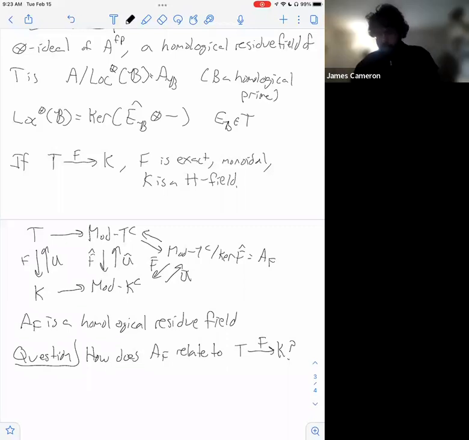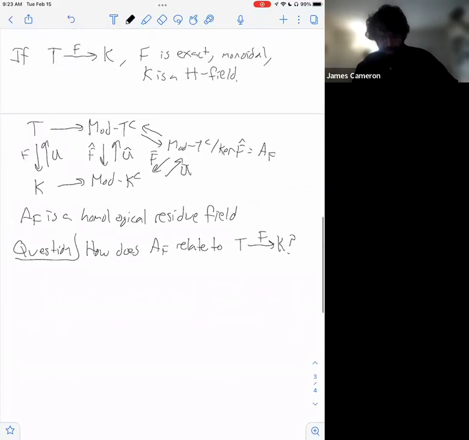Okay, good. So the first theorem I want to mention answers this fairly nicely. It's a theorem of Balmer and myself, and I'll say two things here.